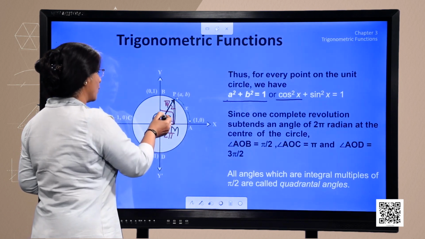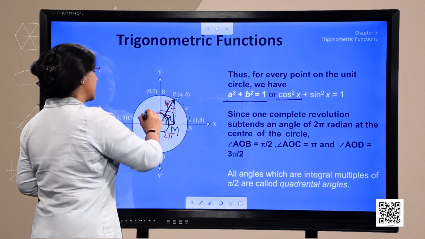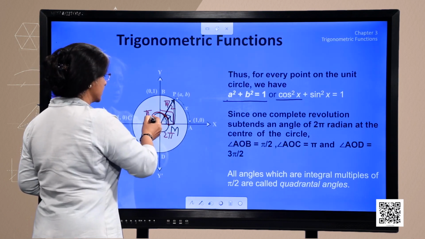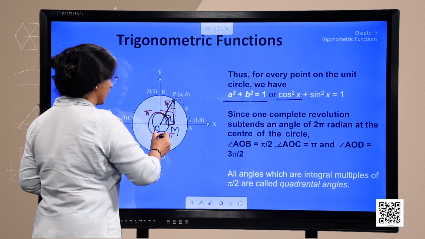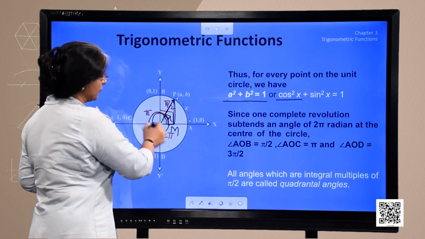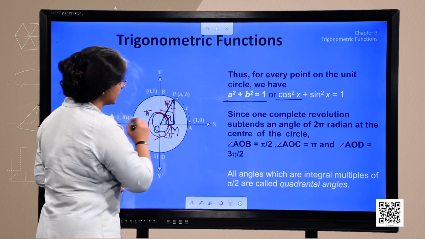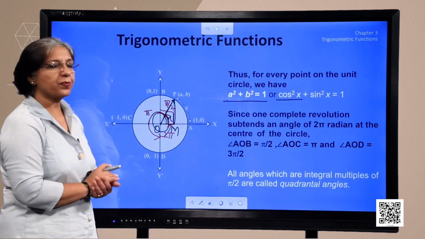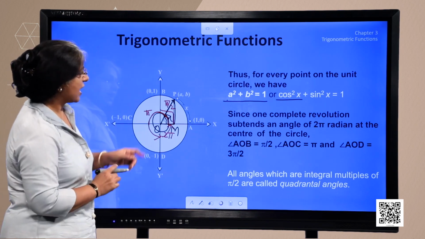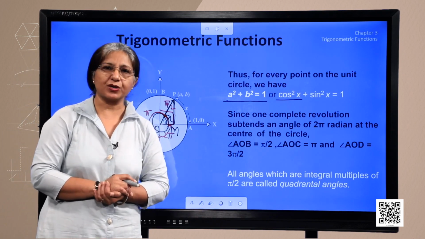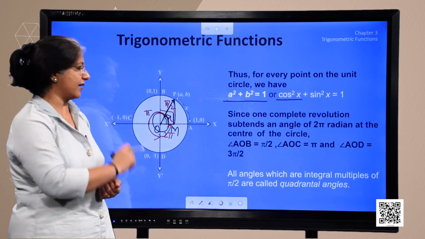From A to C, it makes an angle of pi, and from A to D, it makes an angle of 3 pi by 2, and if we again reach the same point from where we started, this makes it 2 pi. So, we can say these angles which are integral multiples of pi by 2 are quadrantal angles.